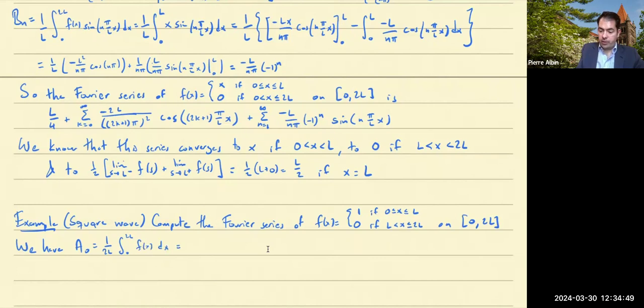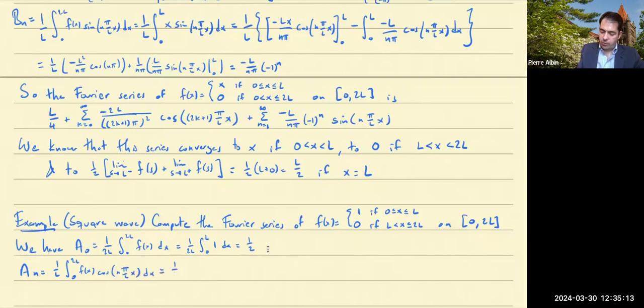Right? So here that means the integral from 0 to L of the function 1. So that integrates to L, divided by 2L is just 1/2. An would be 1 over L, integral from 0 to 2L of f of x times cosine of n pi over L x dx.